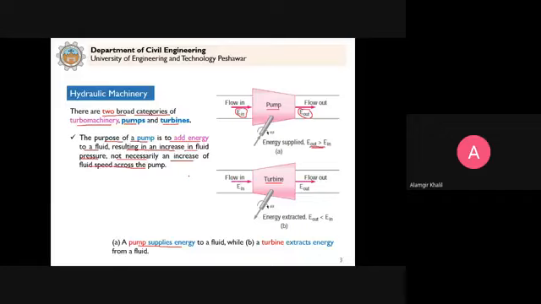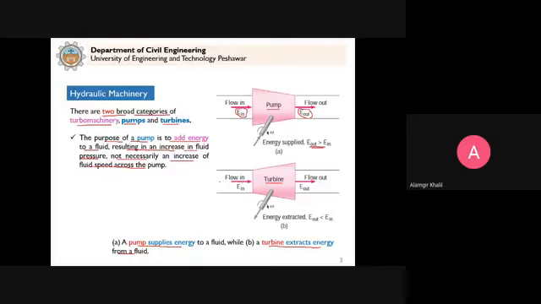On the other side, the turbine extracts energy from a moving fluid.